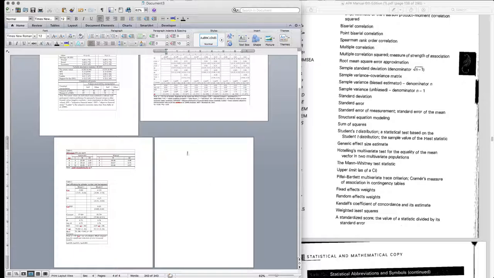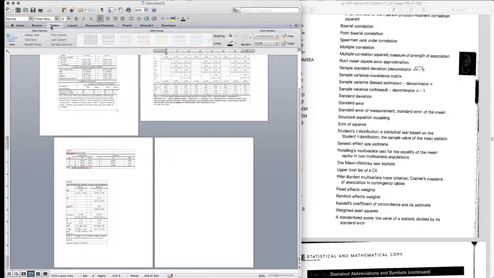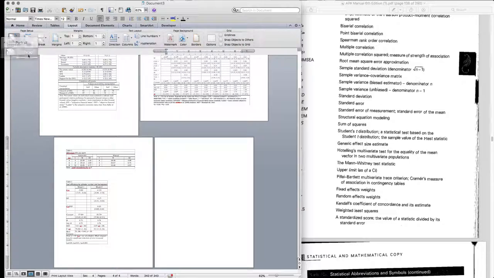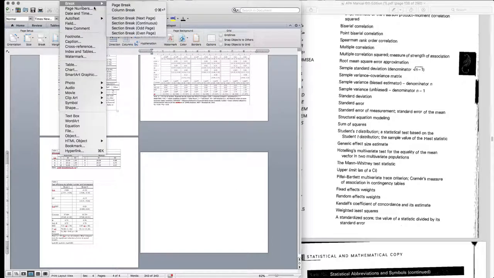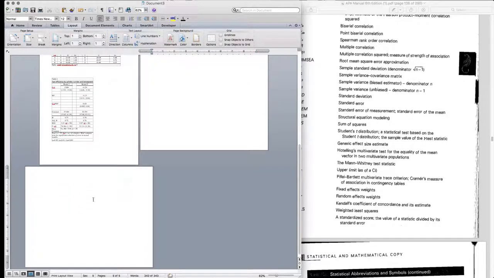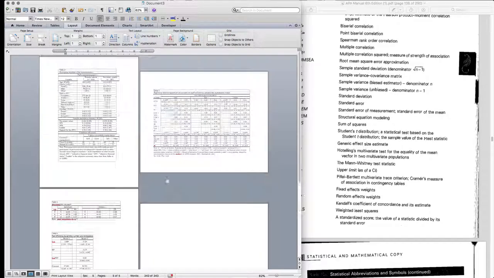And then now that I have a new section in Word, I can turn just that one page horizontally, and then after this page insert a new section on the next page, and now back down here change the orientation back to portrait. So that's another thing that can be a huge pain when you're working with tables, is trying to get it to display within your margins essentially.